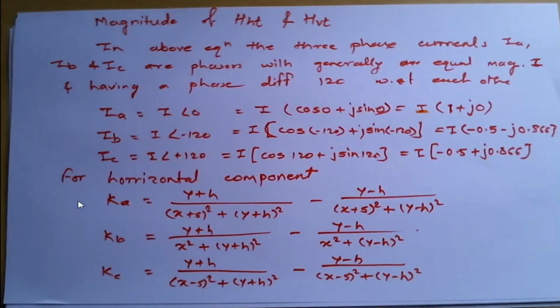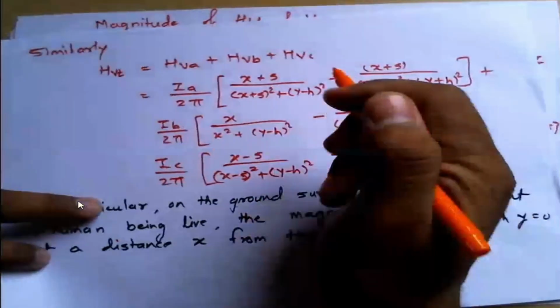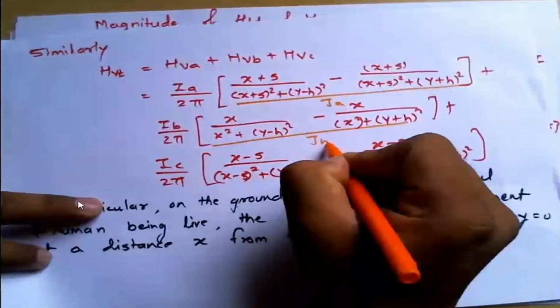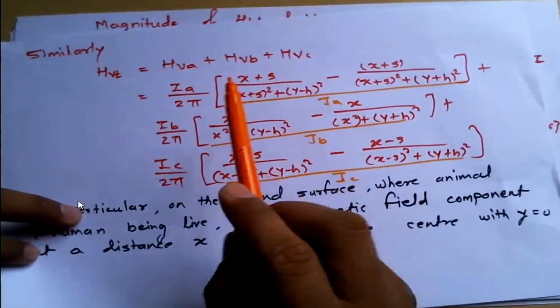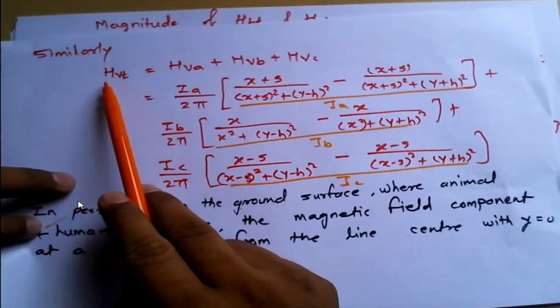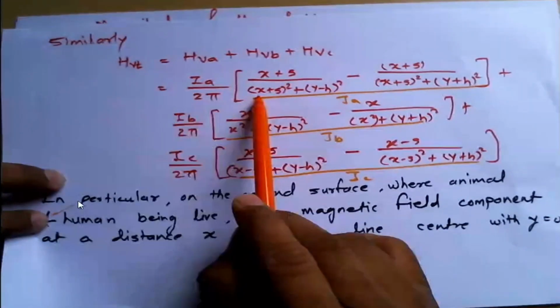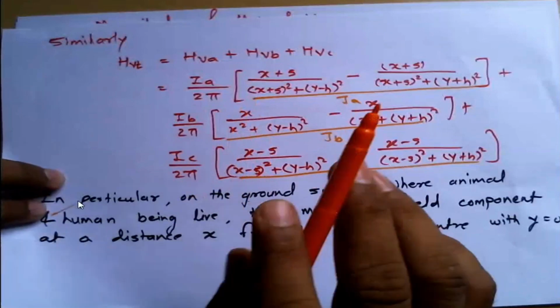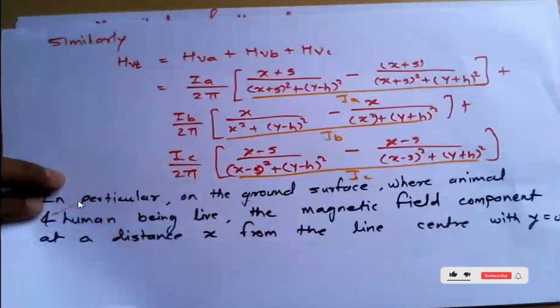Similarly, in case of the vertical component, I will denote these, let us say, suppose Ja, Jb, Jc. So after replacing these values, what will be the H_VT? H_VT, that is the vertical component of the electromagnetic field, is Ia upon 2 pi into Ja plus Ib upon 2 pi into Jb plus Ic upon 2 pi into Jc. Why are we going to do this? Because we have to find out the magnitude of H_VT and H_HT.